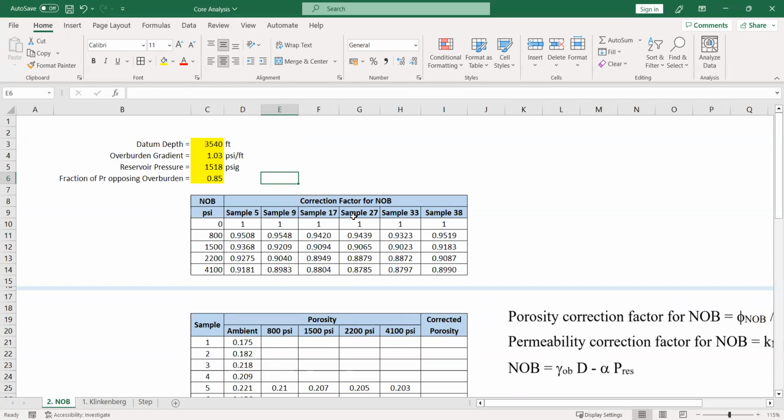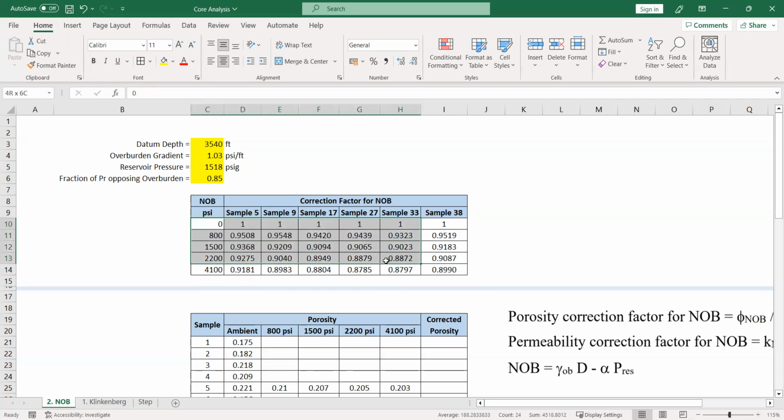Then we also have this very important table. As I said before, in many core analysis reports we have this kind of information, where we have some measurements that give this correction factor for NOB for each net overburden stress. The unit for stress is psi.